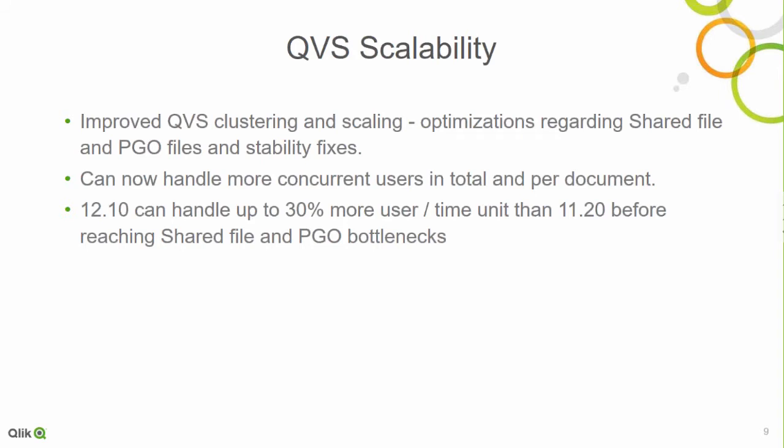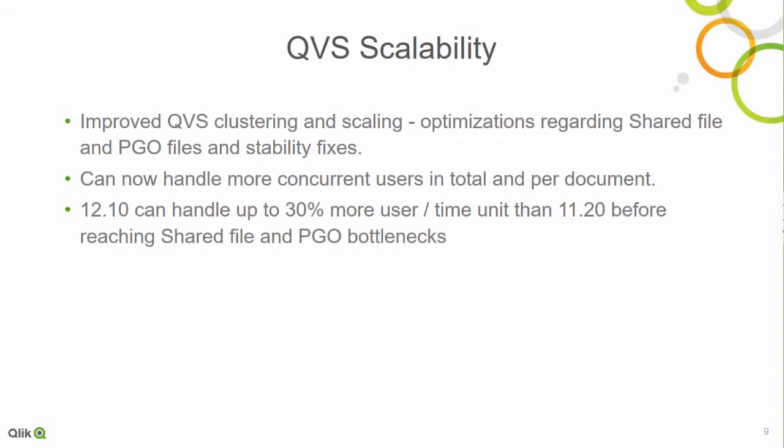Concurrent users has been improved. This has been tested pretty extensively in-house by our scalability team. We're seeing about a 30% increase of users per time unit compared to 11.20. And that's before reaching bottlenecks on shared files and PGO files.